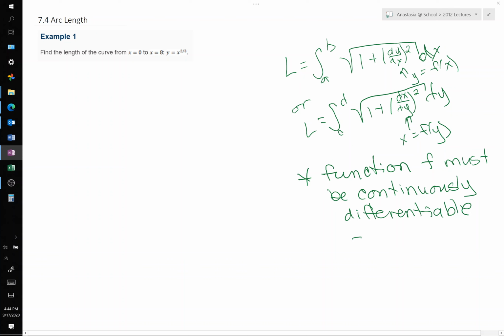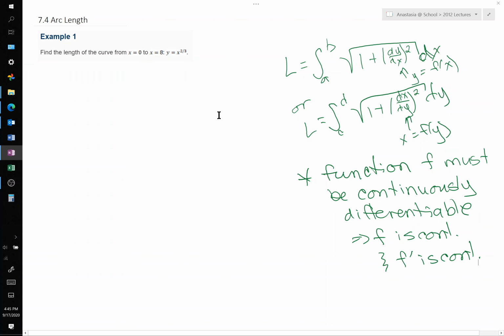That means that f is continuous and f prime is continuous on whatever your interval is, from c to d or a to b. So that's the first thing you need to check, okay? You figure out if f is continuous and f prime is continuous. If it is, then you can proceed with whatever variable you want. If it's not, then you have to rewrite everything in terms of the other variable.